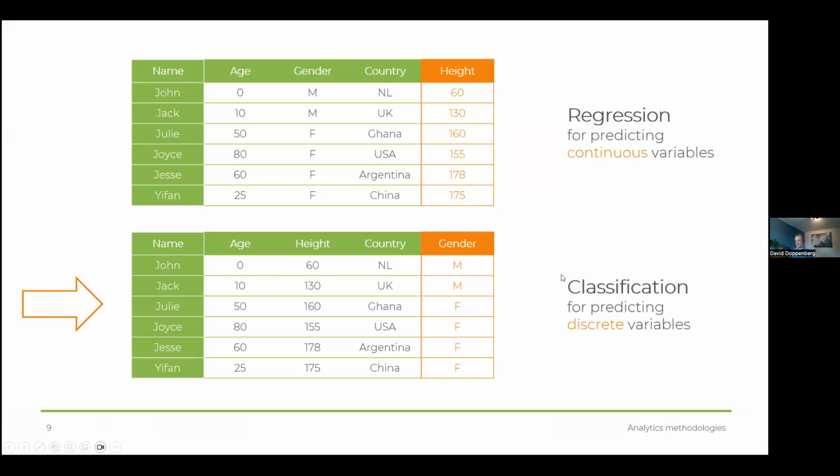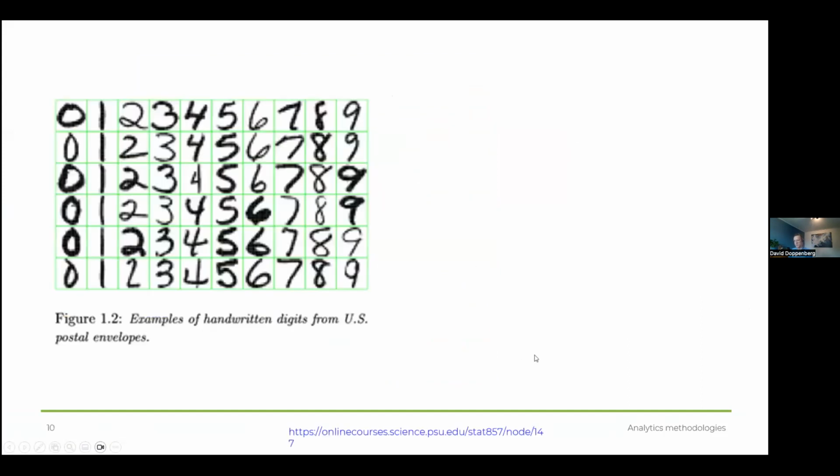So typically you use this for labels like M or F or true or false. Another nice example is this one, where you have a written digit and you want a computer to identify which digit it actually is.